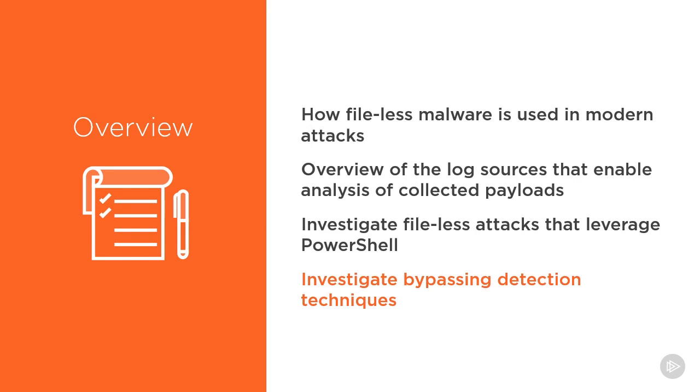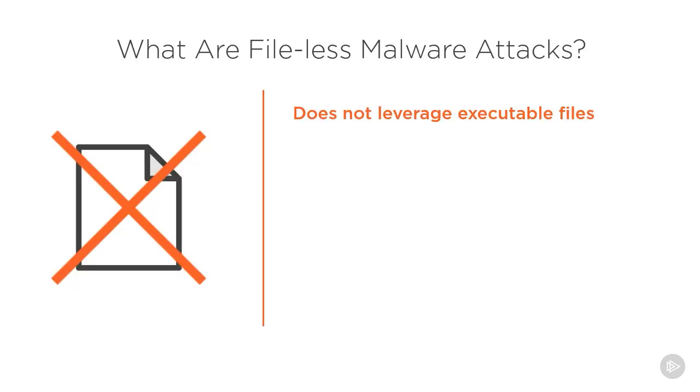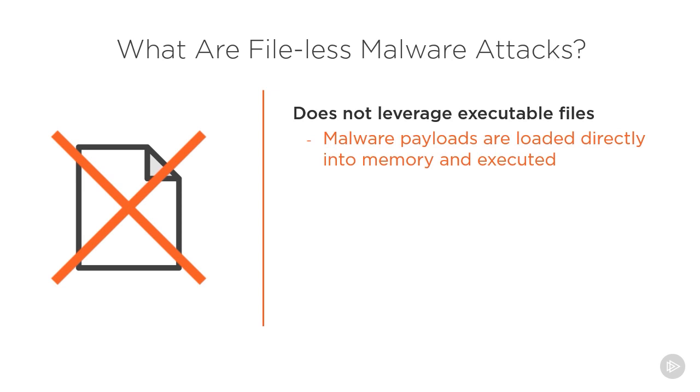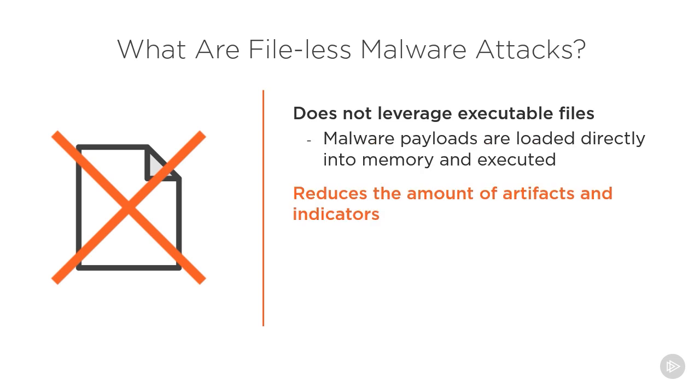bypass detection. The simplest and easiest way to describe fileless malware is by the fact that these don't leverage executable files. In the background, malware payloads are loaded directly into memory and executed. From a detection point of view, what this means is that it reduces the amount of artifacts and indicators for analysts to investigate.